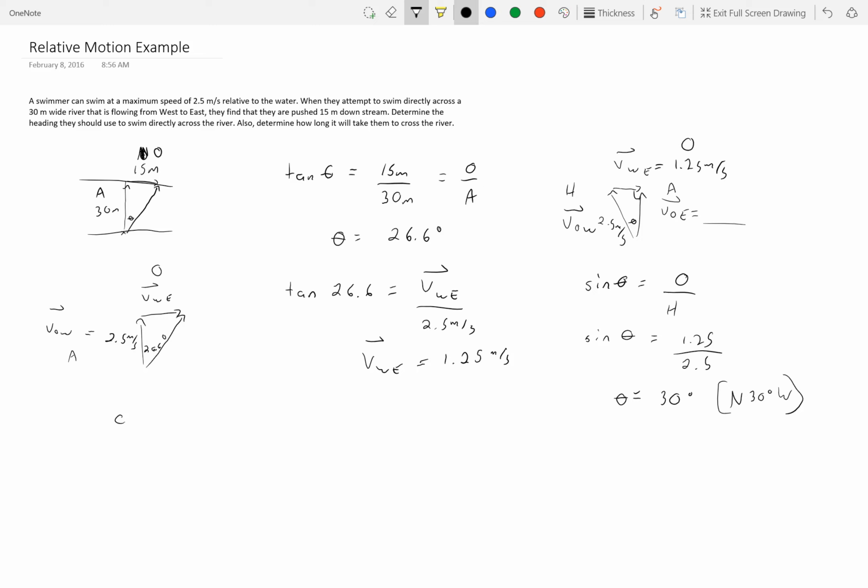So I'm going to use cos 30 is equal to adjacent over hypotenuse, and I don't know my adjacent, that's what I'm trying to find, VOE. My hypotenuse is 2.5, cos 30. So VOE is going to work out to 2.5 cos 30, which happens to be 2.16.